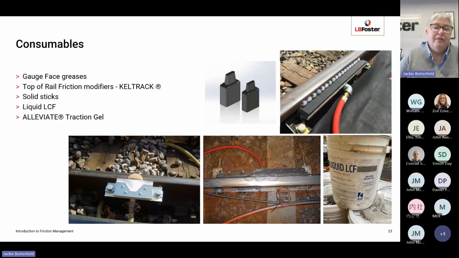L.B. Foster does have a liquid LCF product that we market, which tends to be used in depots, which can be painted directly onto the wheels once they come off the wheel lathe. So what tends to happen in depots is once the wheels have been turned back to their profile, the wheel surface is very, very rough.